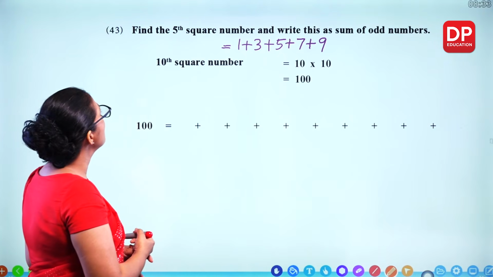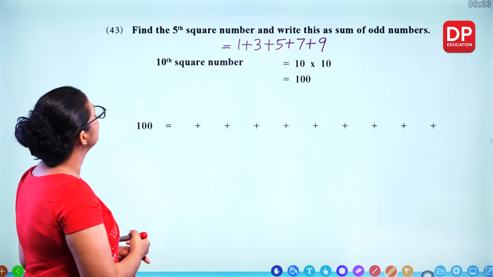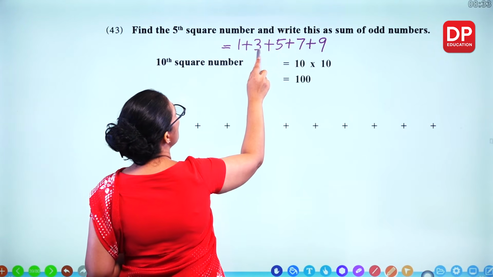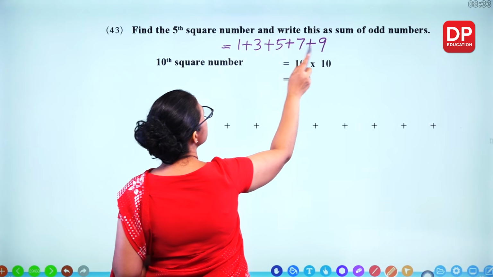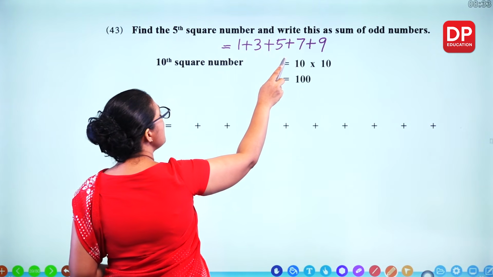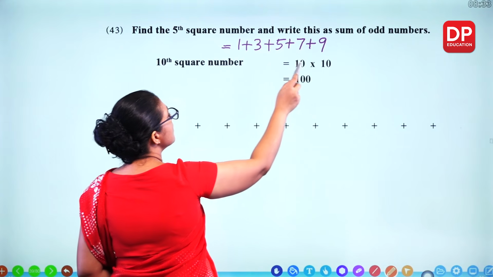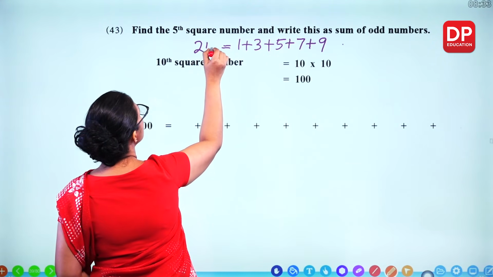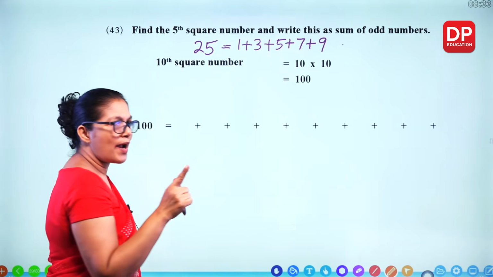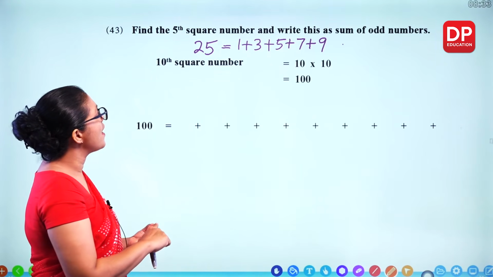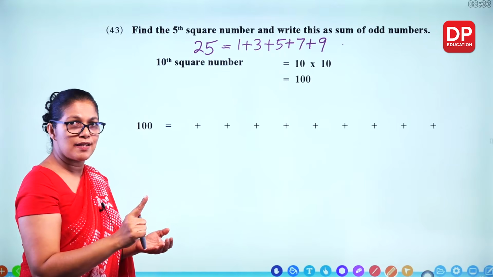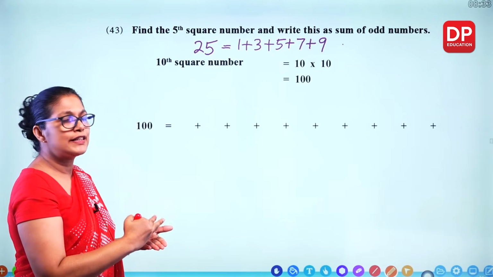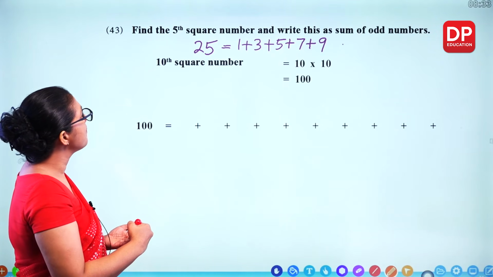So what's the 5th square number? 4, 4 plus 5, 9, 9 plus 7, 16. 16 plus 9, what's 16 plus 9? 25. So that's 25. So the 5th square number you can get by adding the first 5 odd numbers.